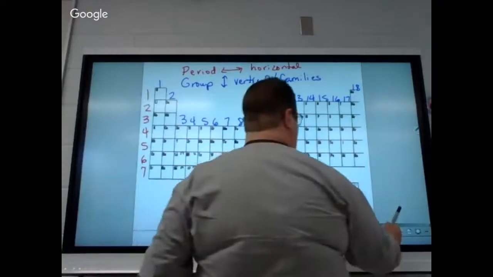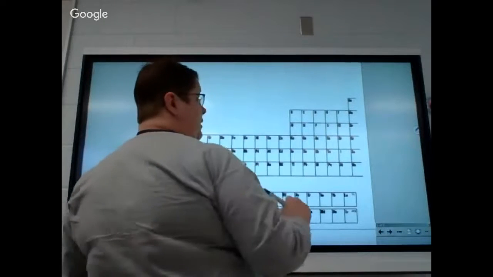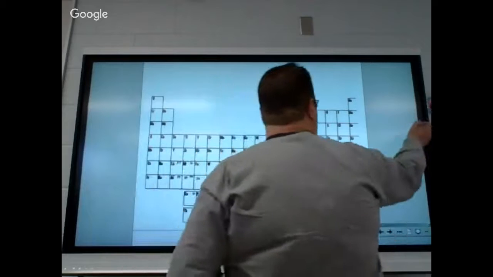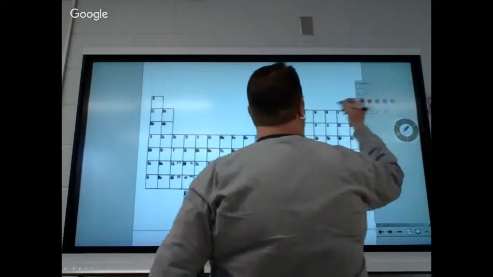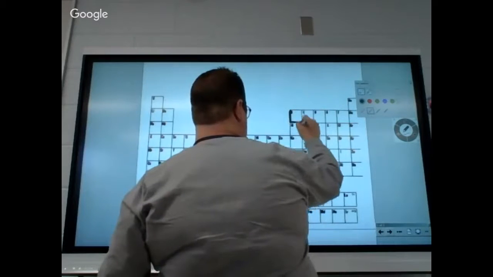Now, we need to start labeling the parts of the periodic table in terms of states and types of elements. So, take something that's dark so that you can color in the staircase.